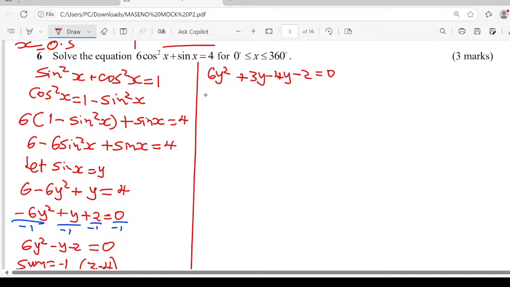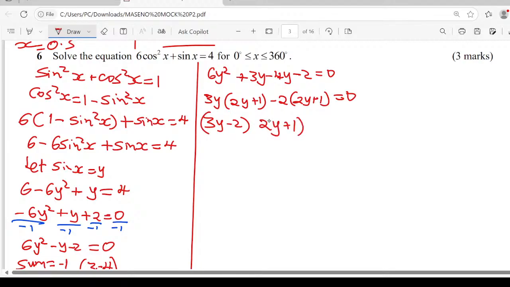So this will be 3y into 2y plus 1, minus 2 into 2y plus 1 being equal to 0. So I'm going to have 3y minus 2, then 2y plus 1 being equivalent to 0.